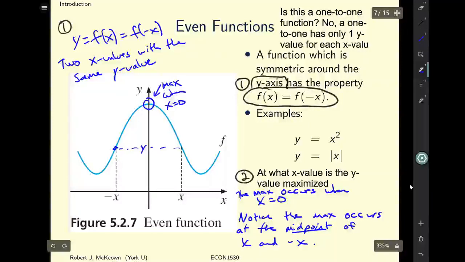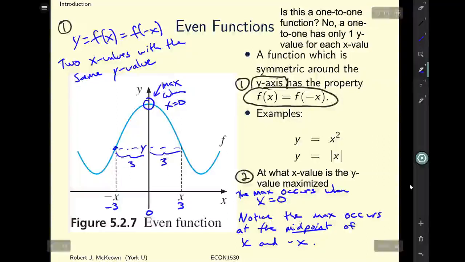And so if I measured this distance and let's say it was 3, so that's basically saying x was equal to 3 and negative x was equal to negative 3, then the midpoint between those two values is 0.